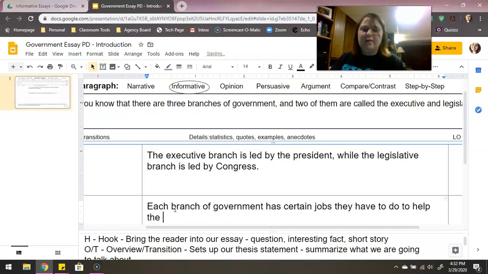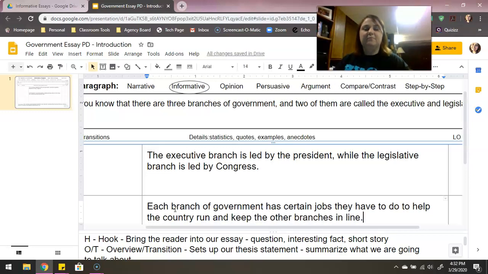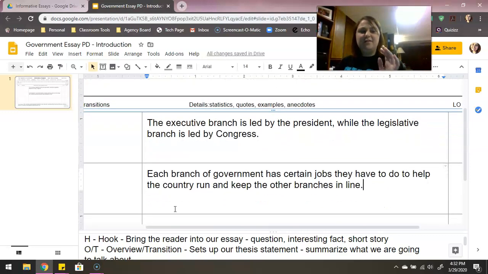Let's not do government. Let's do help the country run and keep the other branches in line. Okay, so each branch of government has certain jobs they have to do to help the country run and keep the other branches in line.